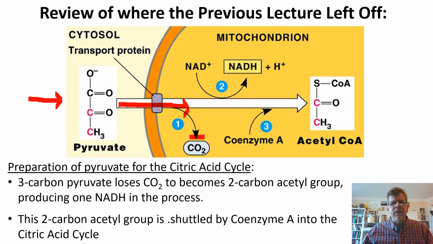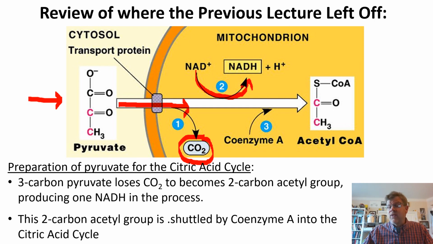Immediately, one of these carbons is lost as carbon dioxide. So we've lost one of our 3 carbons. In so doing, blowing off CO2 allows us to reduce an NAD to an NADH. Remember now, in glycolysis, NAD to NADH was using up our NAD, and that was not a good thing.